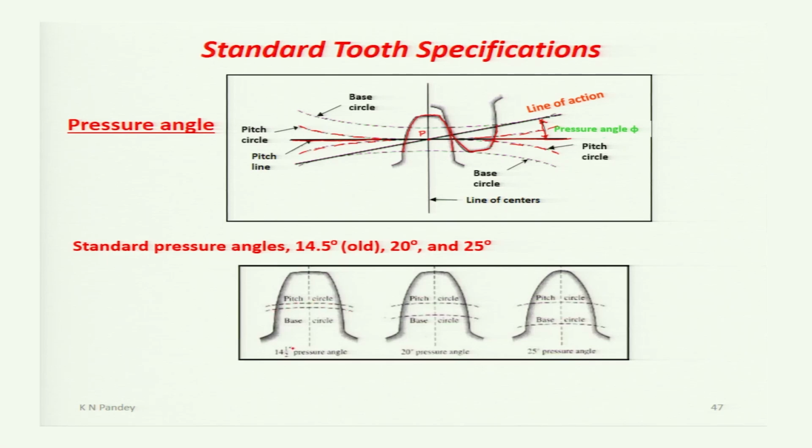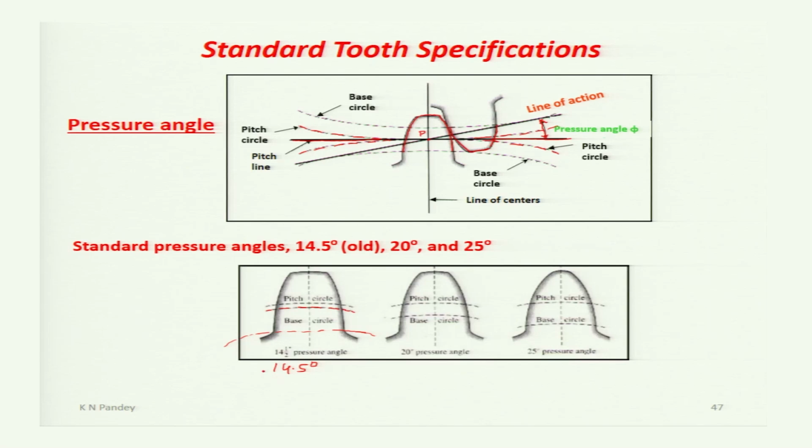When the pressure angle is 14.5 degree, then we see that the base circle is very much above the root of the gear tooth. Along the root, the circle passing is called the root circle or the dedendum circle, and this is the base circle.